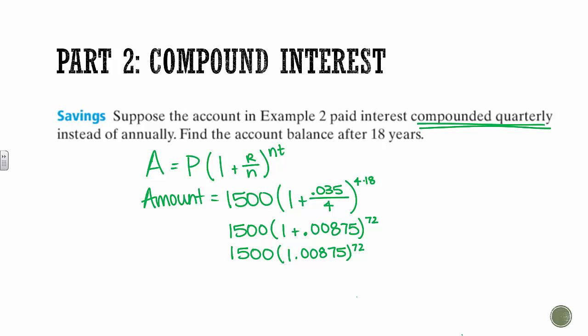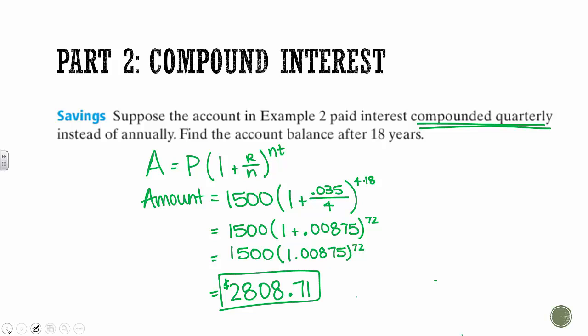So just like before, when we want to type this in our calculator, make sure to follow PEMDAS. So do your exponent first to the 72nd power, and then multiply it by 1,500. So if it gets compounded quarterly, we end up making $2,800 and $8 and about 71 cents.